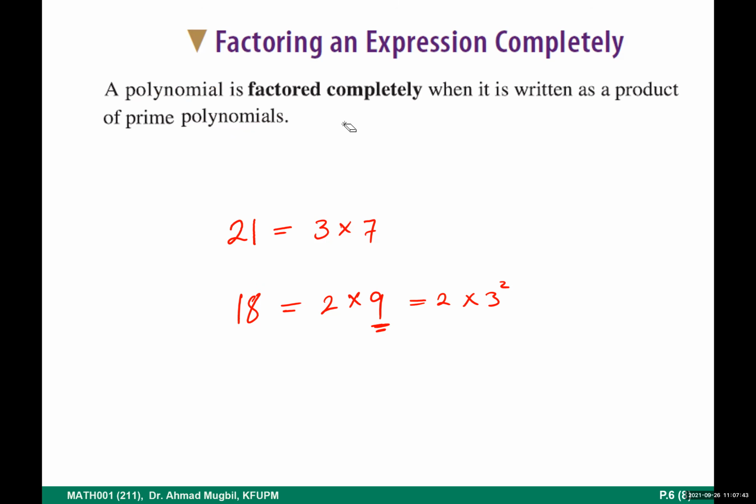Now, if there is a question here, what should the question be? If you want to ask a question, what will be your question here? What is a prime polynomial? Yes, thank you. You're right. What do we mean by prime polynomial? We know what a prime number is. A prime number is a natural number greater than 1 that cannot be written as a product of any other numbers other than itself and 1.